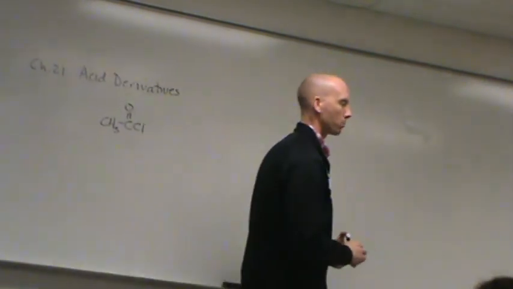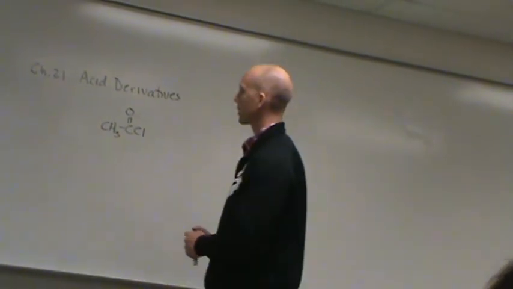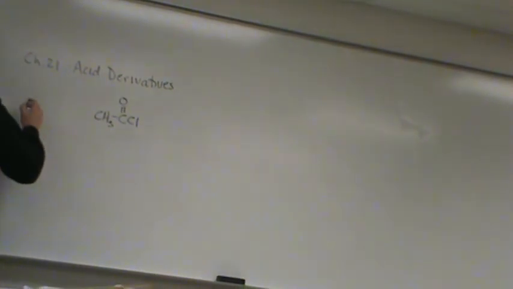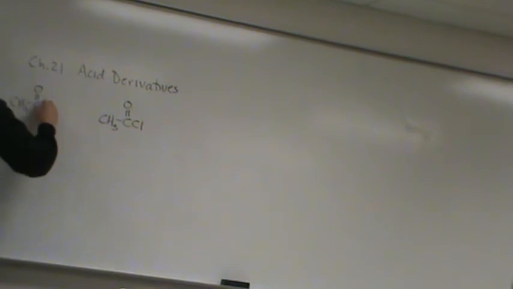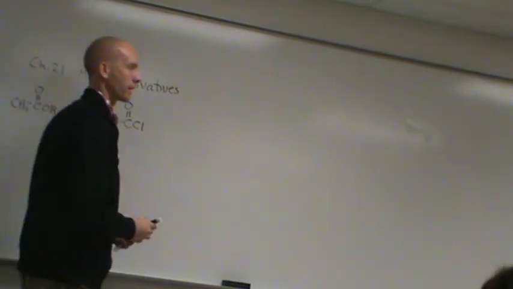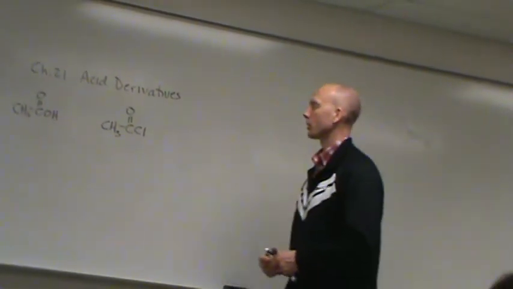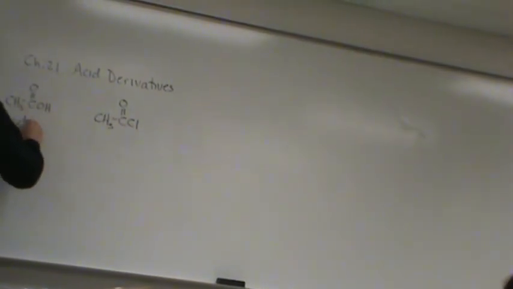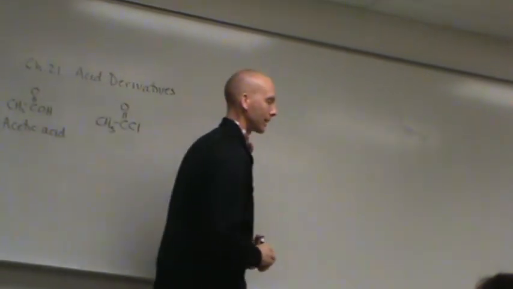Okay, let's look at this simple acid chloride. A 2-carbon acid chloride. You could see that it came from this acid here. We know how to convert it with thionyl chloride or oxalyl chloride. Well, remember that this 2-carbon acid is acetic acid.